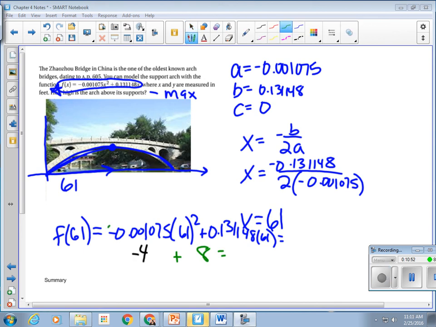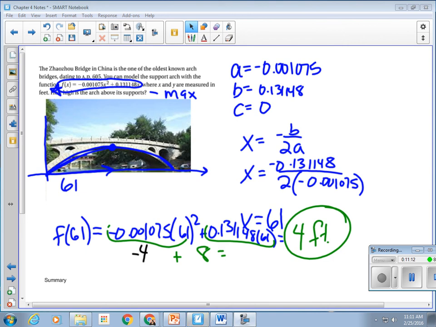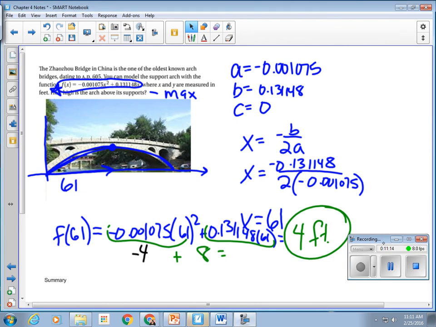For the first term, when I put in 61, I got negative 4. And for the second term, when I put in 61, I got 8. Negative 4 plus 8 is 4. So my height at the highest point of the arch is 4 feet. That's our max. And that's the end of the lesson today.